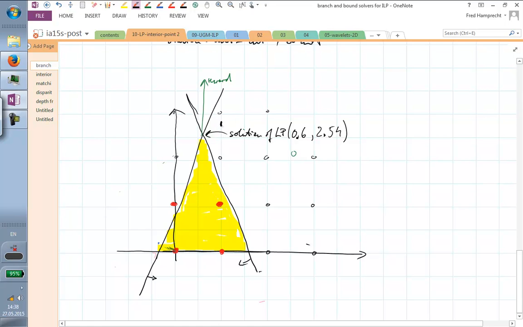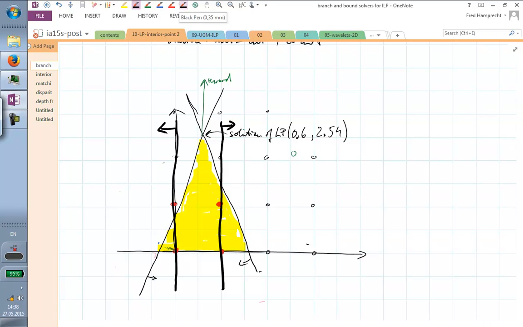The first linear program will add this constraint and say we're only looking at either the right-hand side of this, or we're looking at the left-hand side of that. So we had an original LP, and now we create two new linear programs.